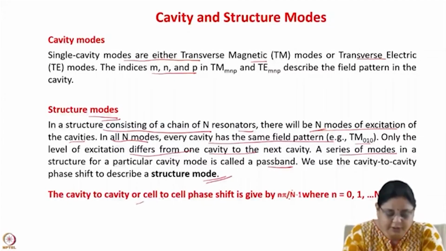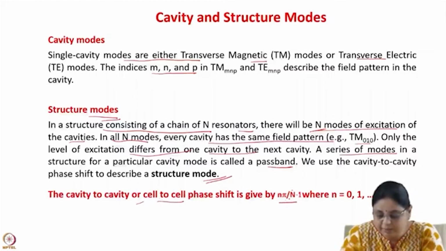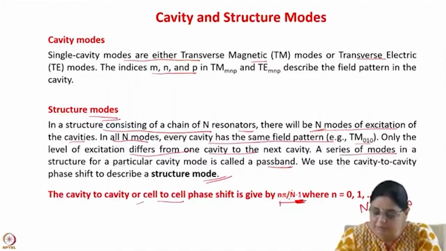The cavity to cell phase shift is given by nπ/(N-1), where N is the number of periodic cells and n takes values from 0 to N-1. So each mode is now divided into N modes.